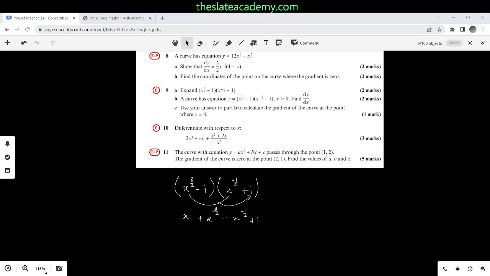3 over 2 minus half, that would be 1. This part, right, because you're adding. I multiplied it by accident. Minus 1 over 2, and since the terms are multiplying with the same base, the powers are added, so I'll get x to the power 1.